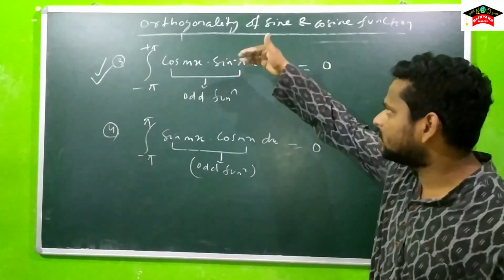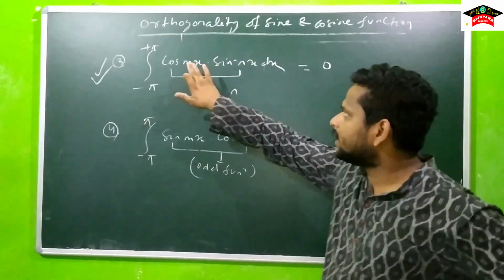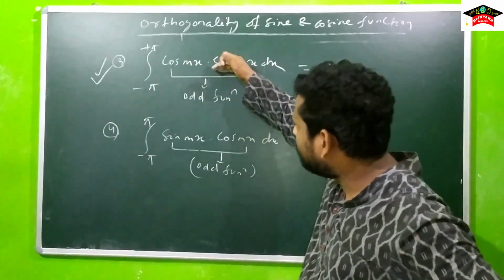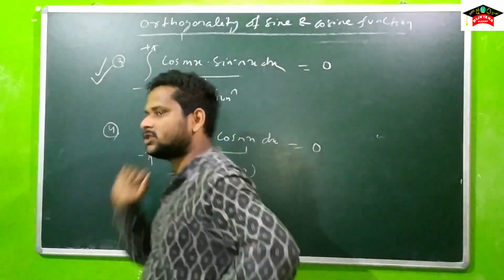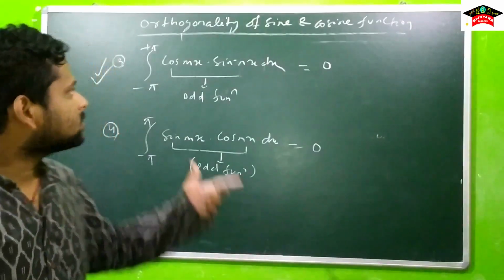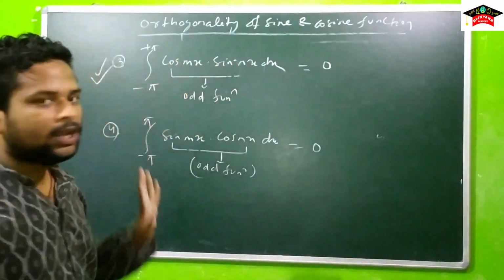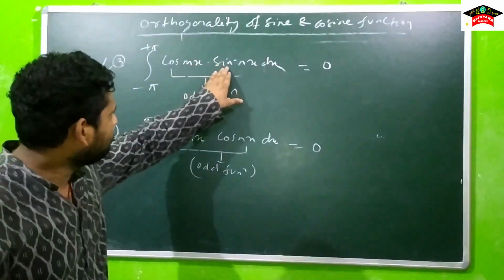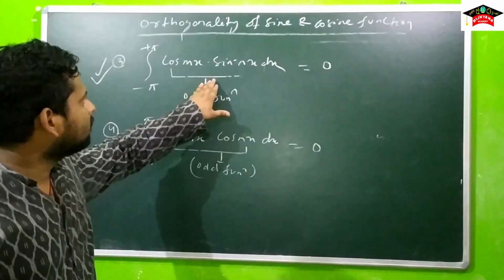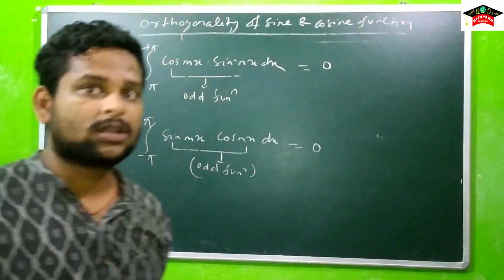If the two functions are different, that means one is cosine and one is sine, the value of the integration from minus pi to plus pi is 0. If the two functions are the same, it will be like the orthogonality condition of sine, and if the two functions are cosine, it will be like the orthogonality condition of cosine.